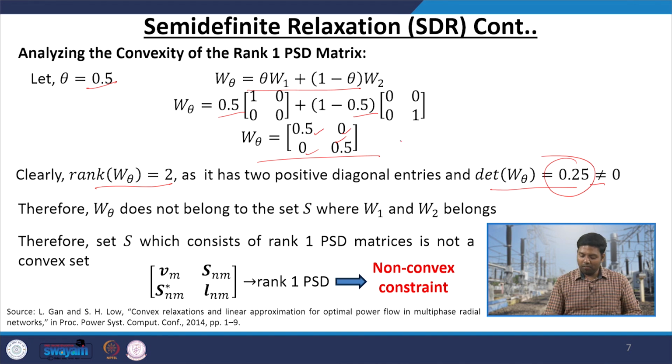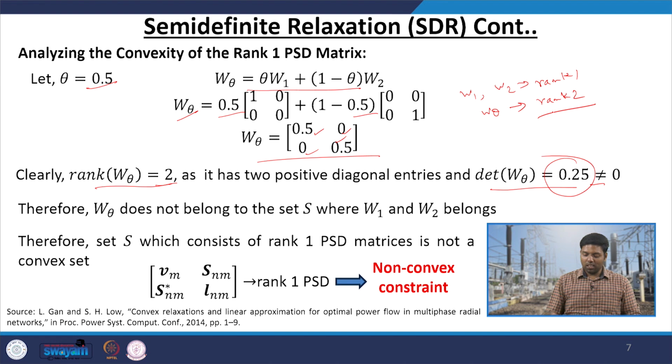That means, if the determinant is not equal to 0, your rank is equal to the number of rows. So, the rank of that matrix is 2. So, the rank of W theta is 2, and you can see here as well that there are 2 linearly independent rows. So, though your W1 and W2 are both of rank 1, your W theta is a rank 2 matrix.